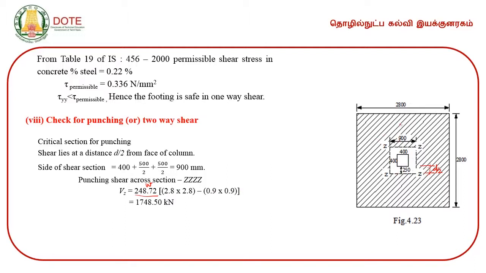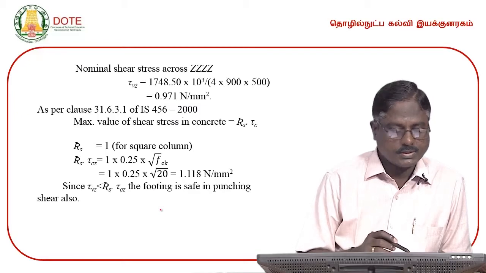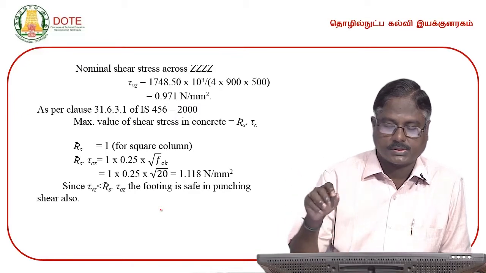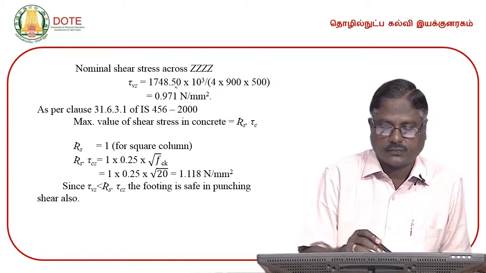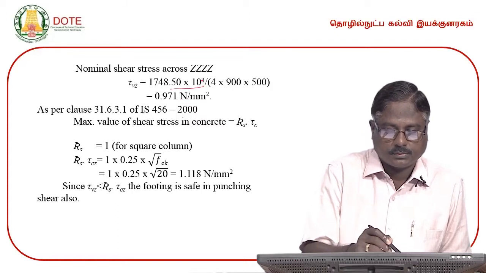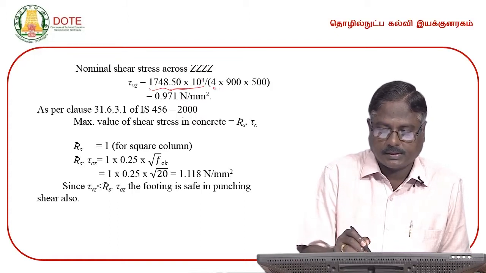So, the hatched area is this minus this, and this area into the intensity will give you the total shear on the hatched area, and that shear is to be resisted by the concrete across the section ZZ. So, this is the shear force and this is the area and this is the shear stress.